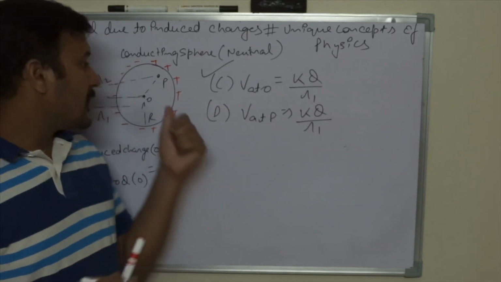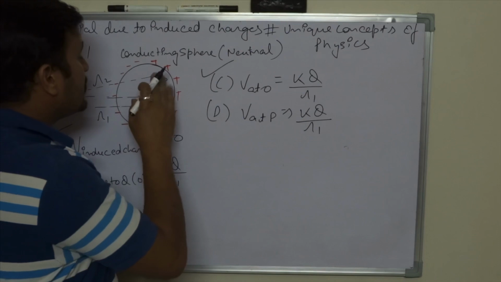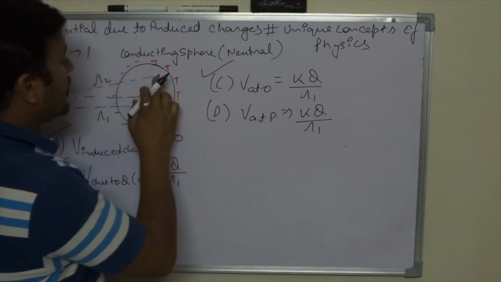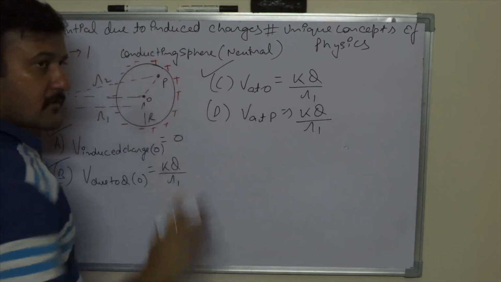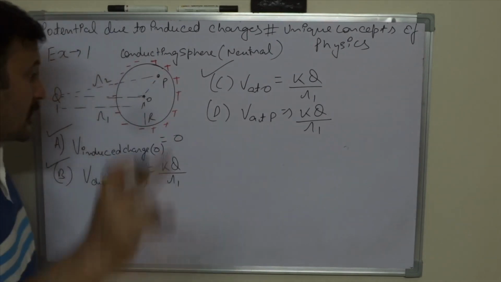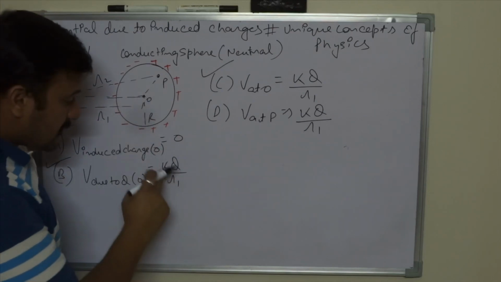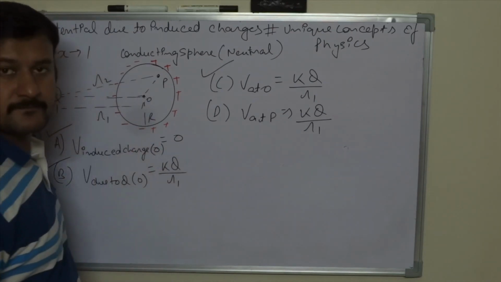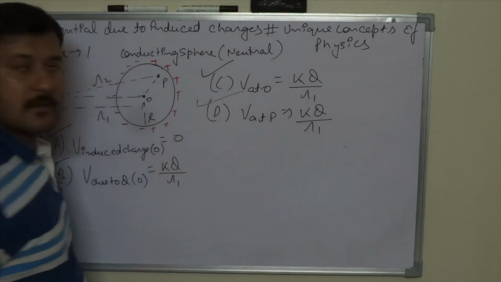Hence the potential at all the points lying inside this sphere, as well as the points lying on the surface of the sphere, will be equal to the potential at the center of the sphere, which is equal to KQ by R1. This is a concept. So this is also correct.